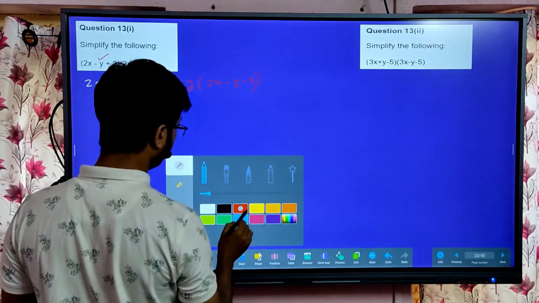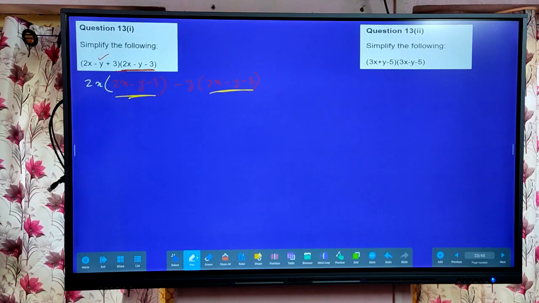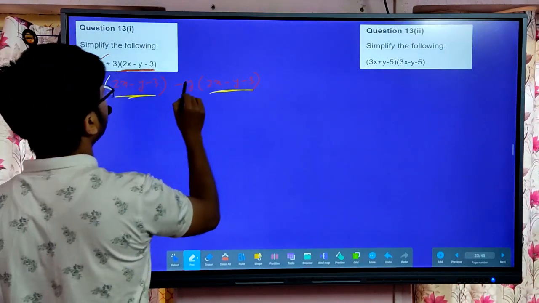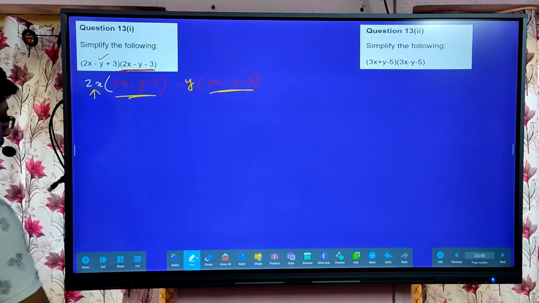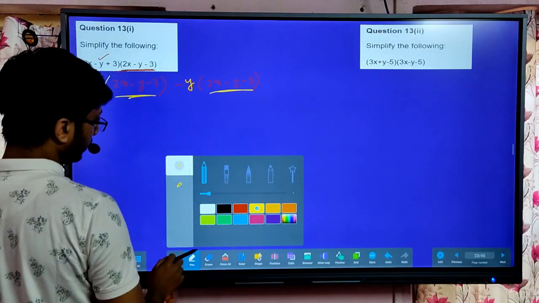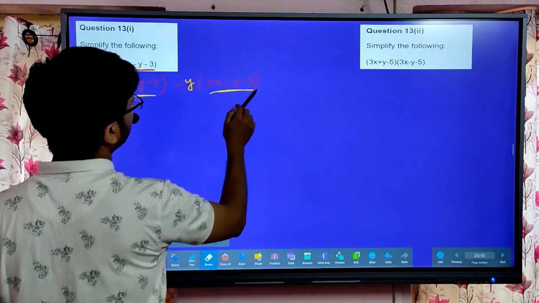So you are going to keep repeating this term again and again, right? Once with 2x and then with y. No, you will not do it like that. We will use the formula a square minus b square in this case, and see how things are done.